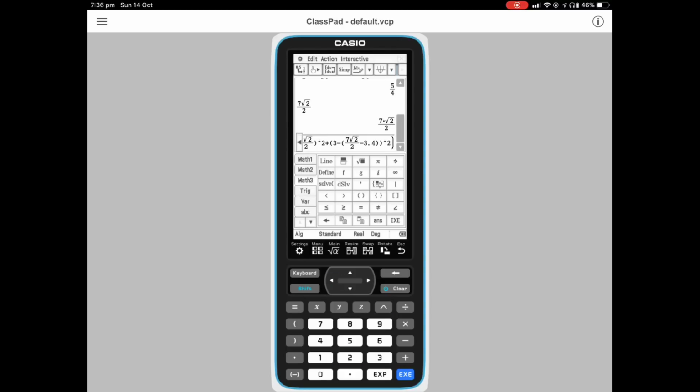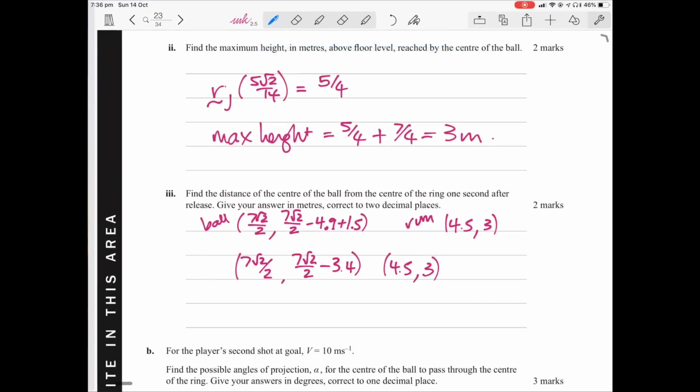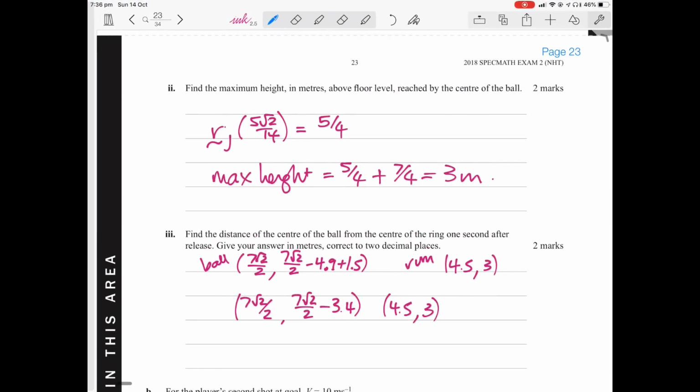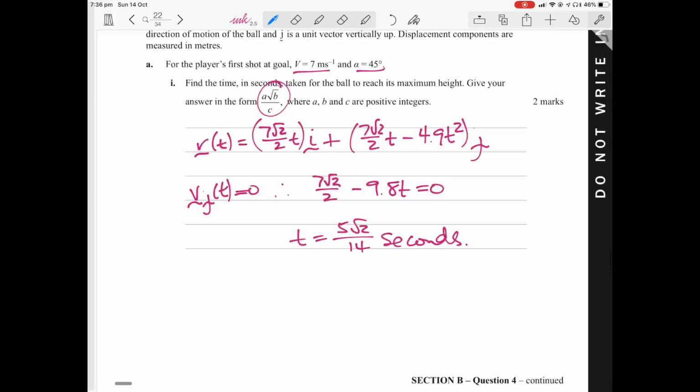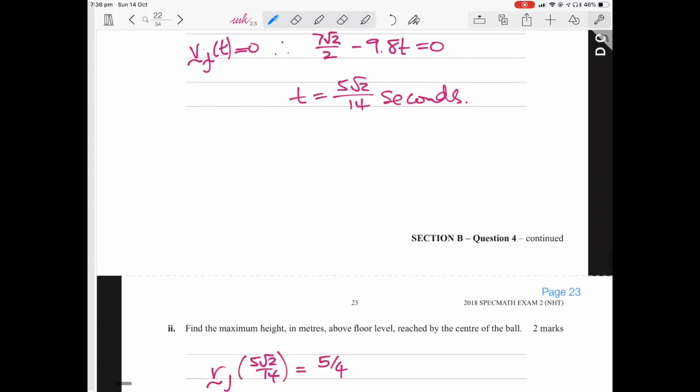Okay. That minus that. I just want a bloody answer. 1.51. Did I stuff something up? Was that 1.5? 1.75.